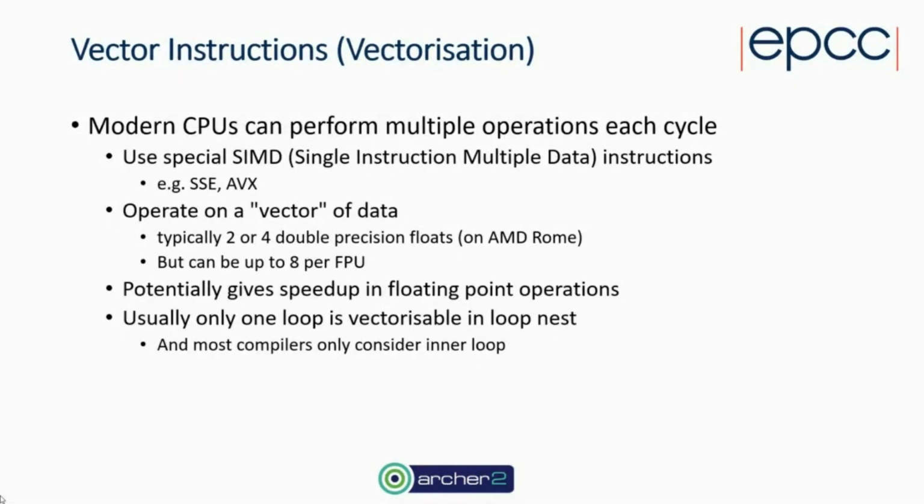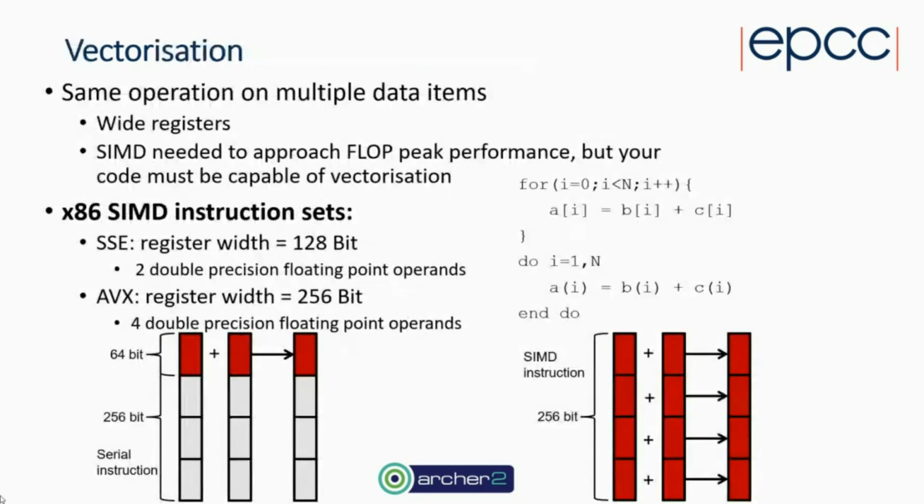The idea is, if your code is amenable to it, you can get much higher throughput of your floating point stuff through the processor by using these vector instructions. As we'll come on to see, what can be vectorized is very dependent on what your code is like. But generally we're looking at loops that can be vectorized, and generally only the innermost loop of a loop nest is what the compiler will look to vectorize.